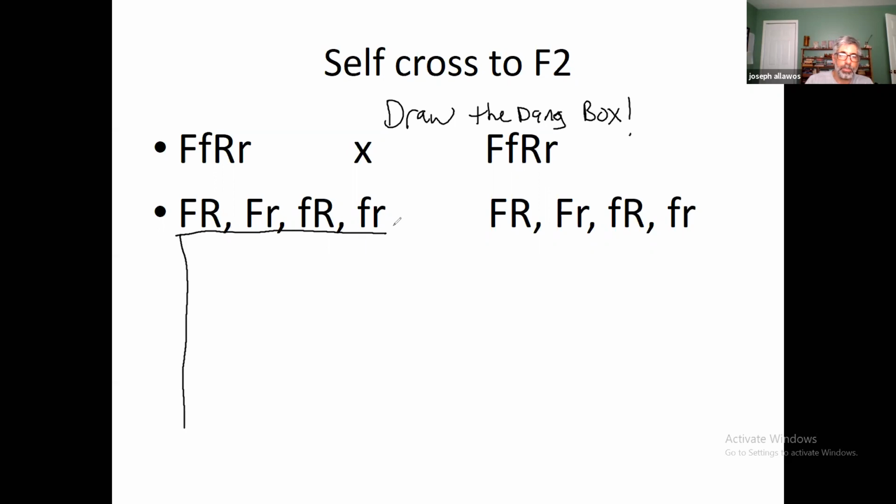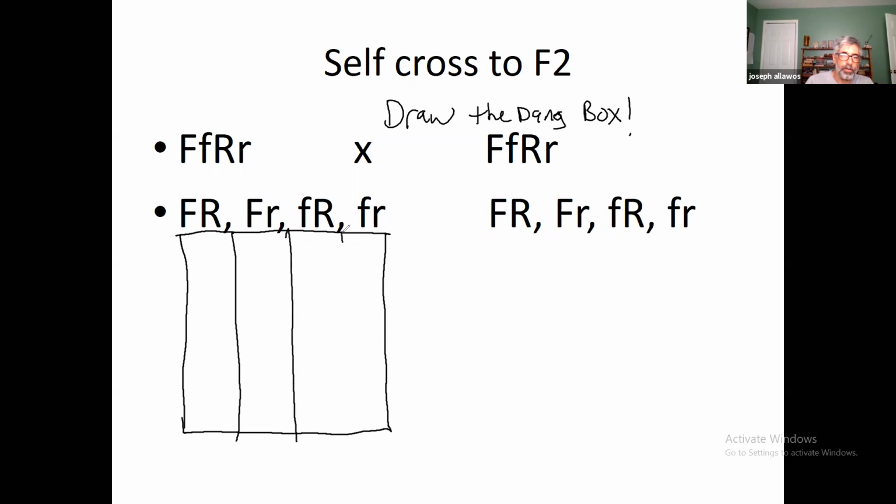So remember, the shape of the box is determined by the number of gametes that you have for each parent. Well, this parent has 4, so here's the 4 for this parent, and I'm just using those letters there. And this one also has 4, so I put 4 across the top, 4 down the side.